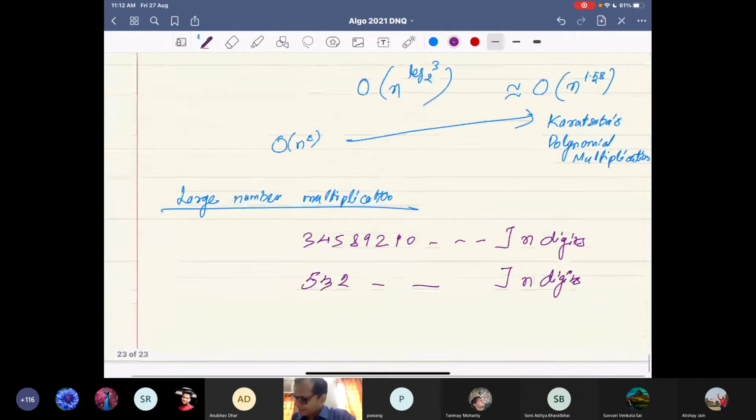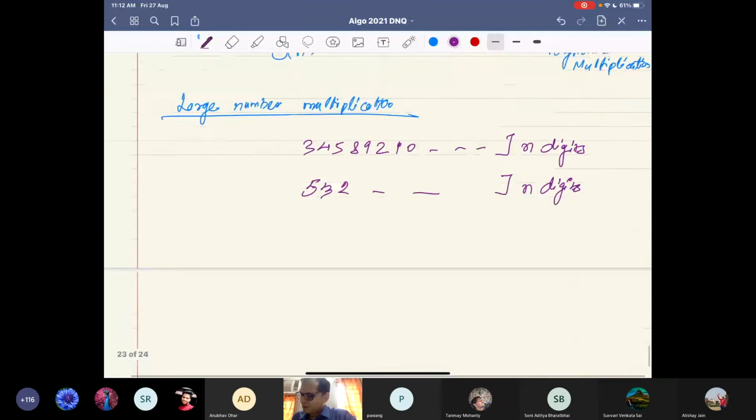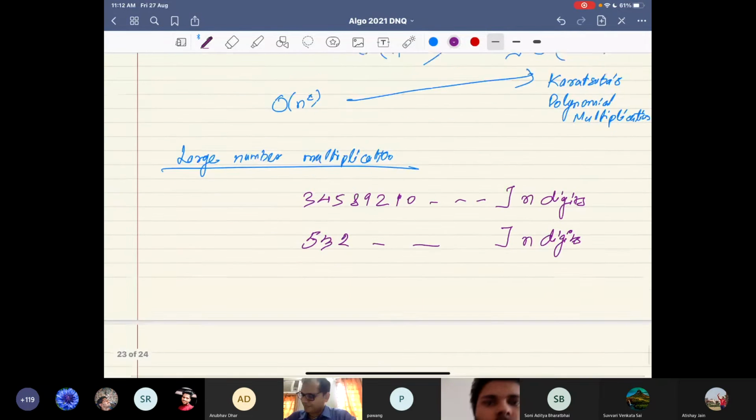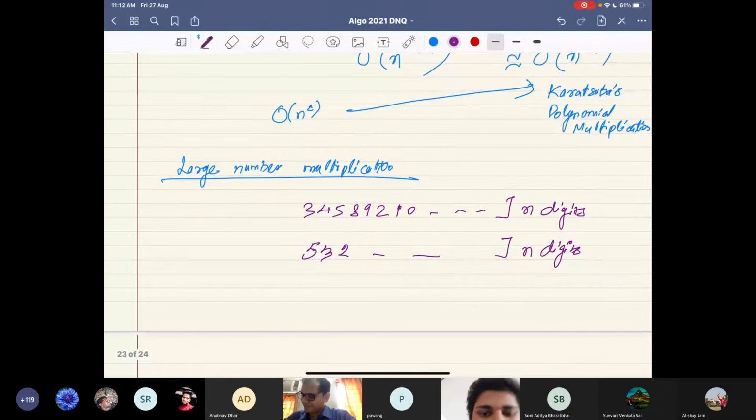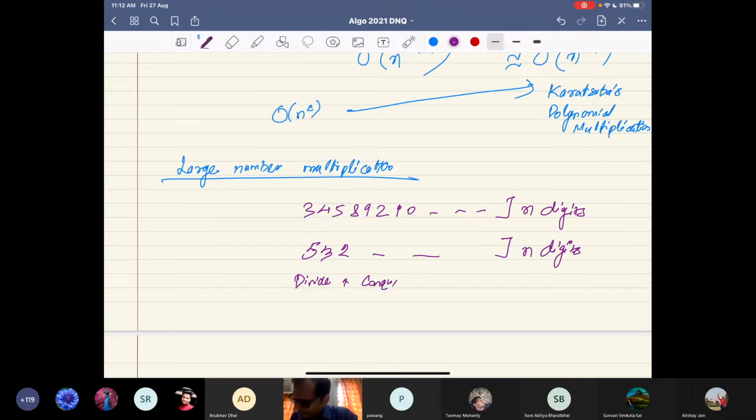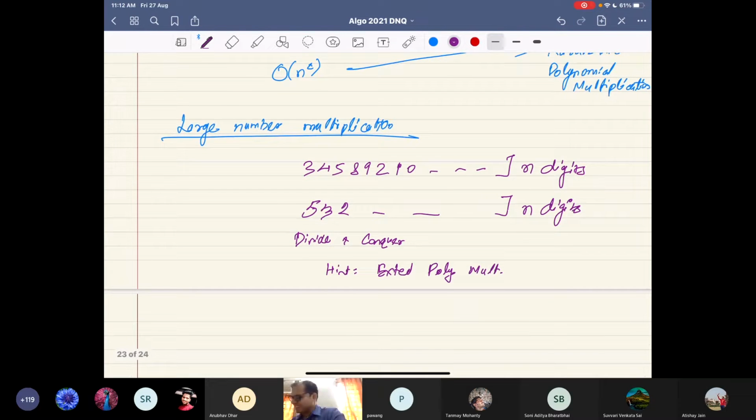Okay. So what can you do? Can you improve the complexity by using divide and conquer? And the hint is that this is just a straightforward extension of polynomial multiplication. Some of you might already be able to see what we have to do. Yes, can anyone tell just in a line what we have to do?